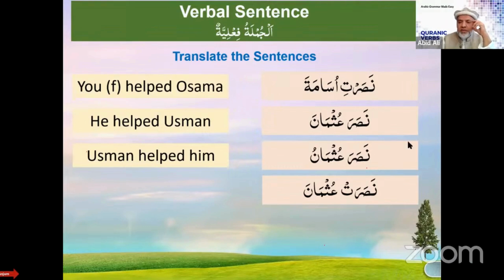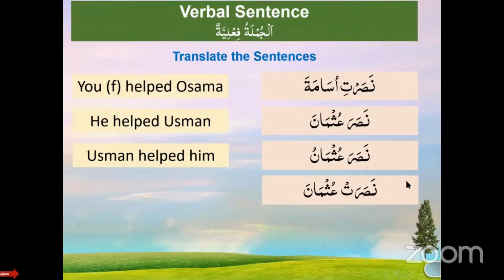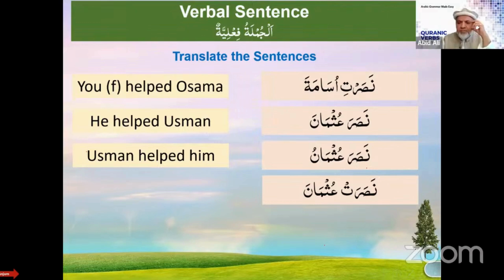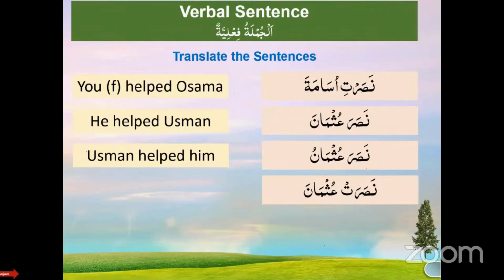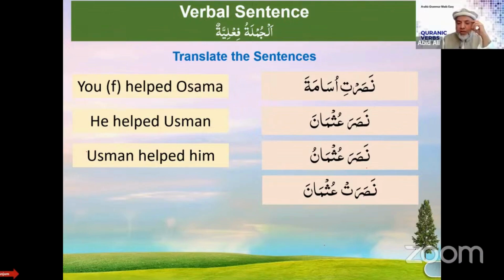Brother Falak, go ahead. Nasarat Usman. He helped Usman. No, I'm sorry, Usman helped her. See, I just questioned you and I confused you big time. Now look again, because Usman is not the one who's helping. What is the status of Usman?